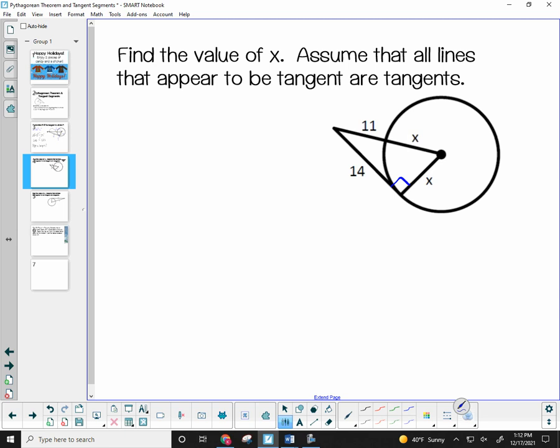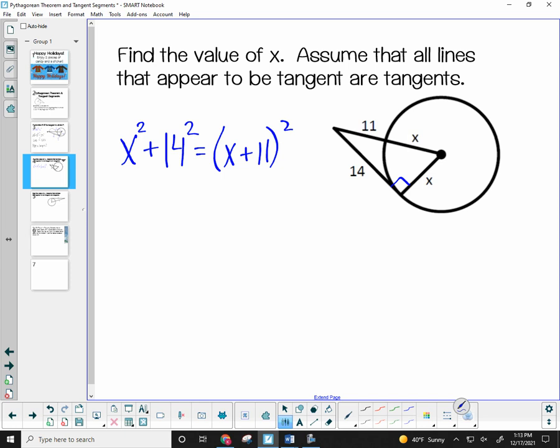The 11 plus x, right? This whole part, 11 plus x, has to be my C. The other two sides are going to be A and B. So we have x squared plus 14 squared equals the quantity x plus 11, squared, because we need the whole hypotenuse squared, right?